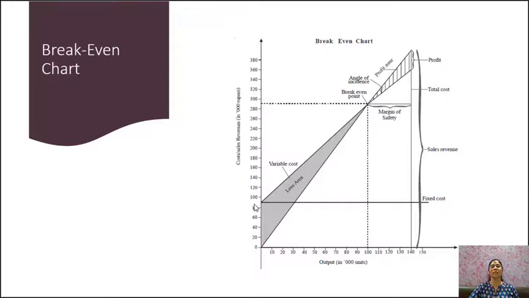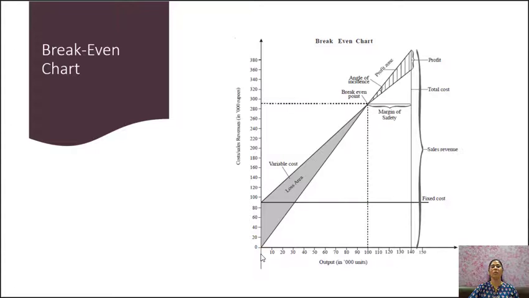The cost will be 90, maybe it is 1 lakh, then it comes here at 100. So fixed cost is the cost. Initially there is fixed cost but there is no variable cost. So you can see here this is the line, this is the variable cost, this is the fixed cost.